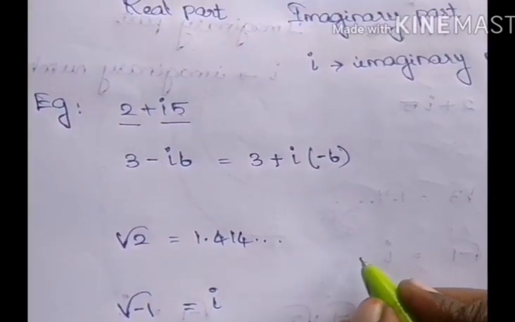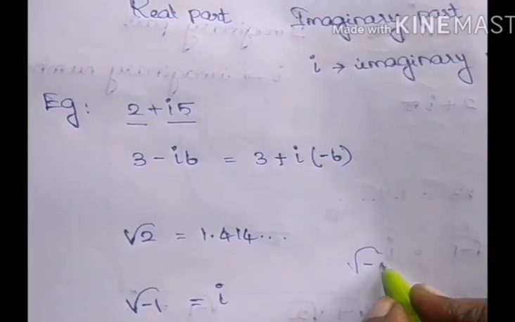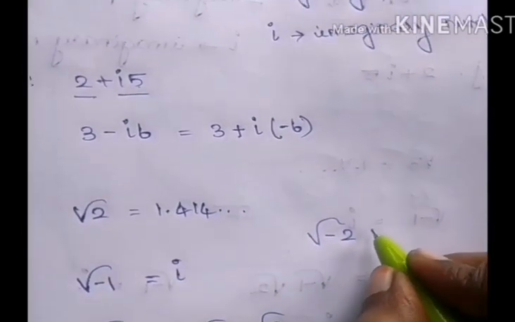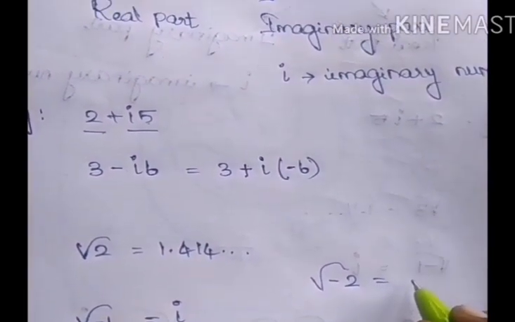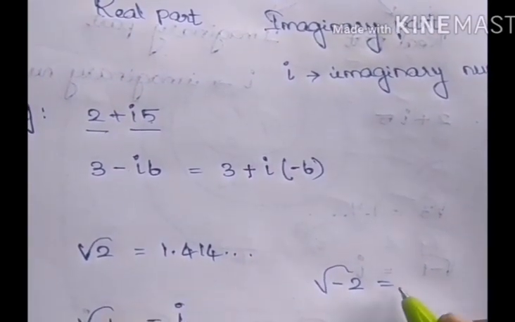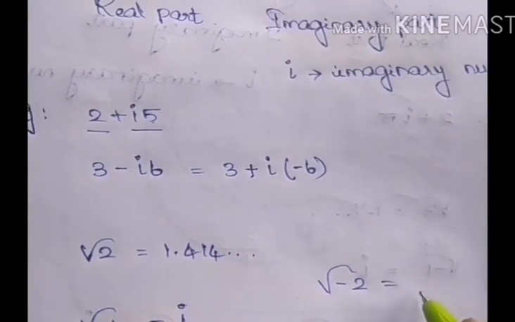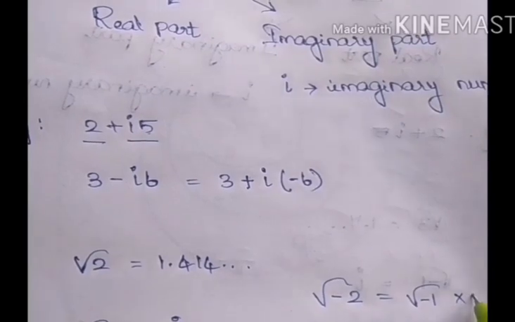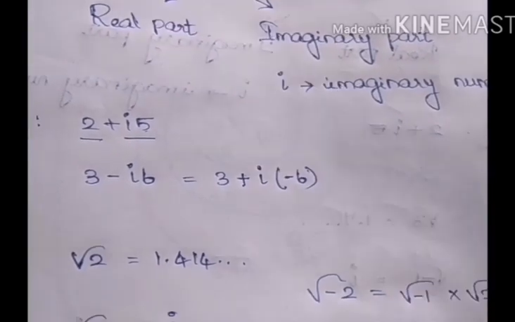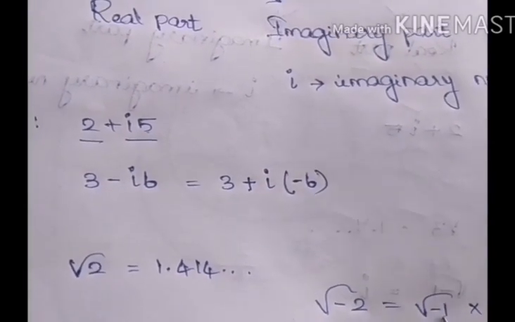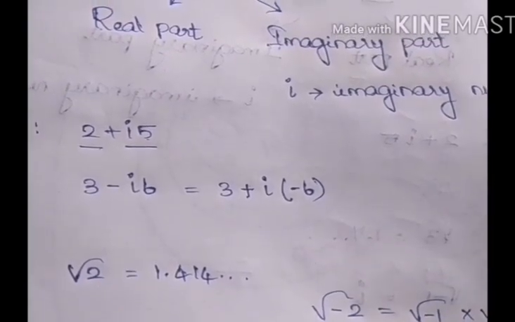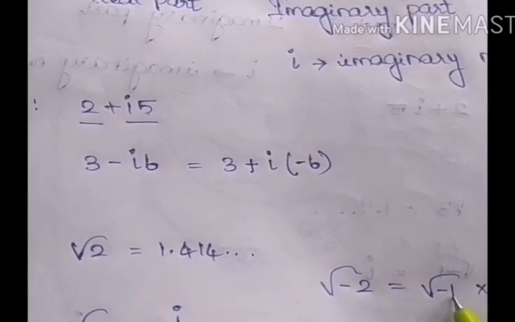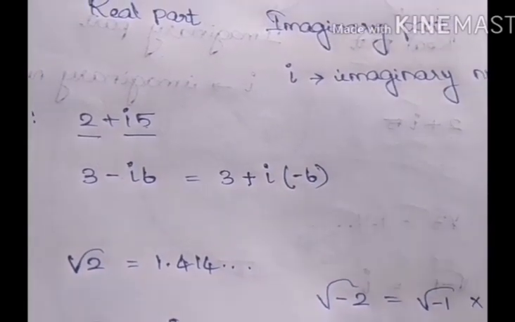In case of root of -2, this can be written as root of -1 into root 2, because -1 into 2 gives you -2. So it is split and written as root of -1 into root 2.